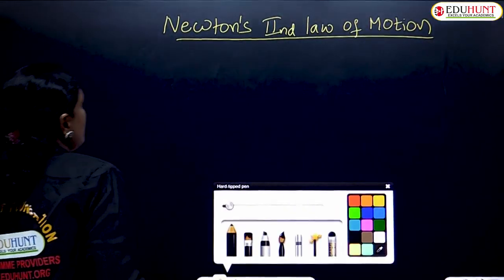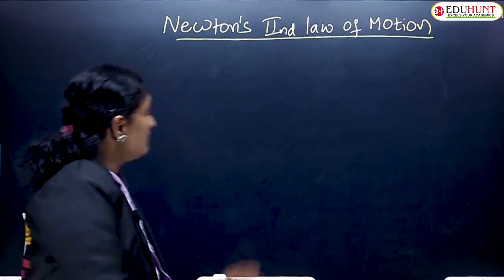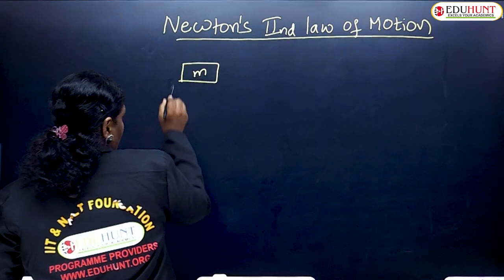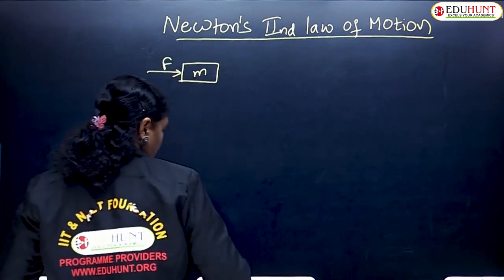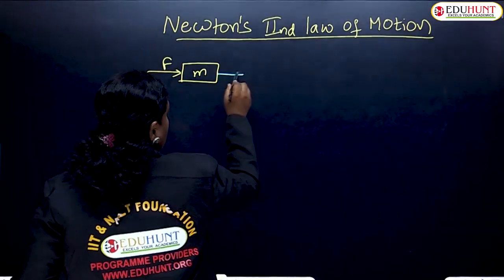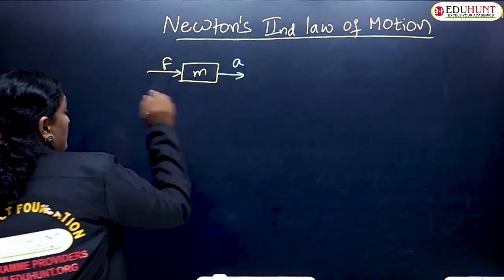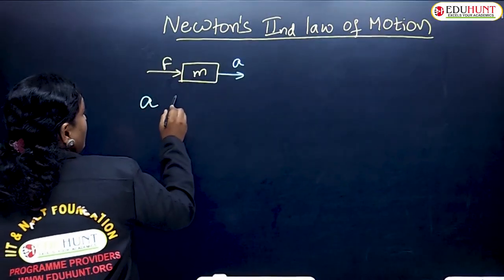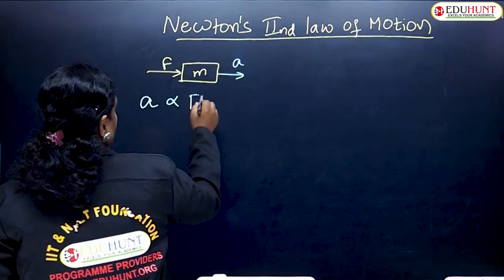What we observe is that whenever we consider a body having a mass m and we have applied a force F, then this body is set into acceleration, and this acceleration produced is always directly proportional to the force applied on the body.